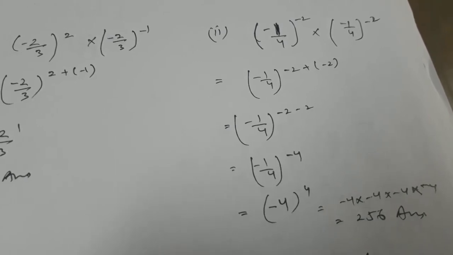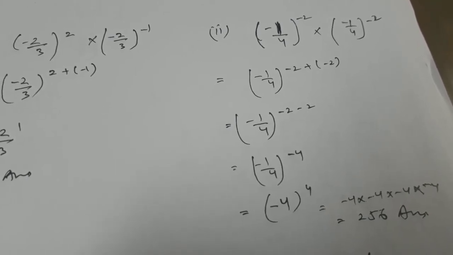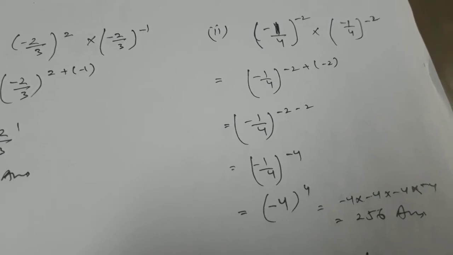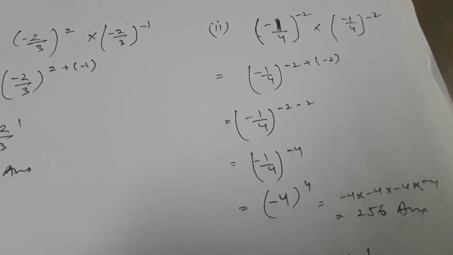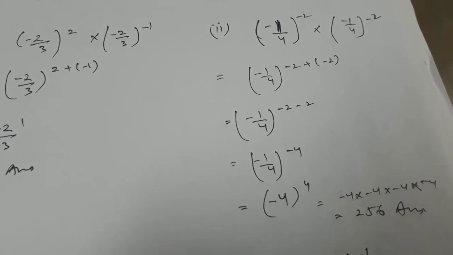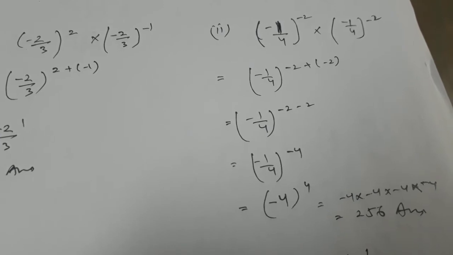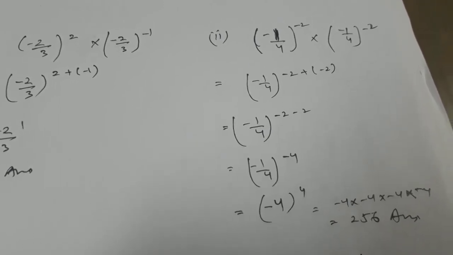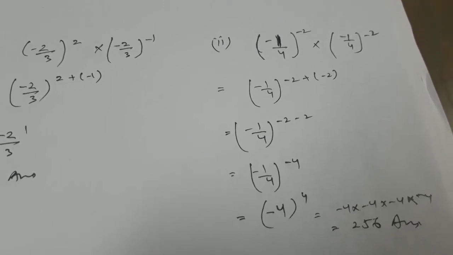So minus 1 by 4 raised to the power minus 2 plus minus 2, that is minus 1 by 4 raised to the power minus 4, that is we will reciprocate the number, minus 4 raised to the power 4, that will come out as 256.